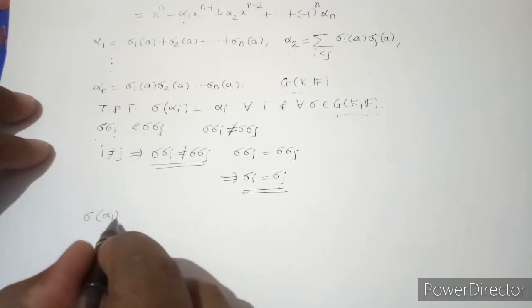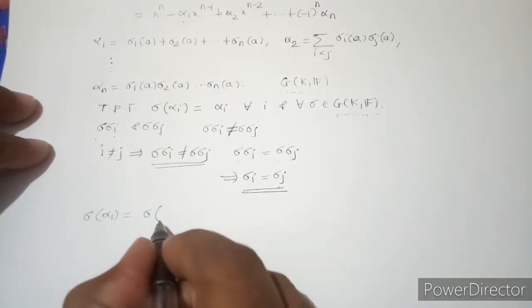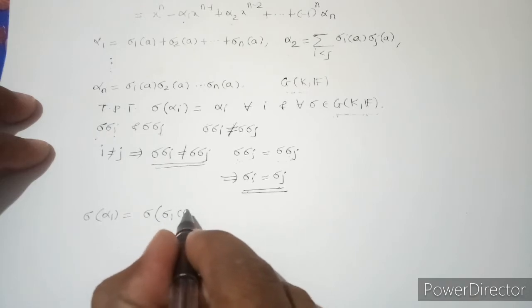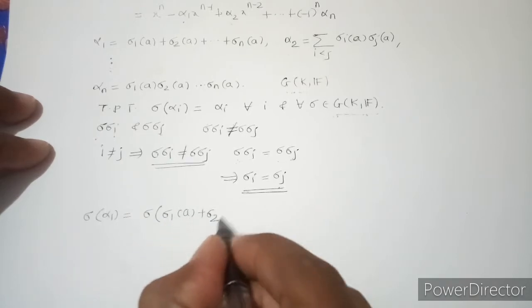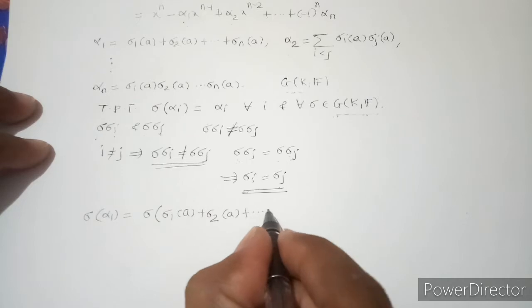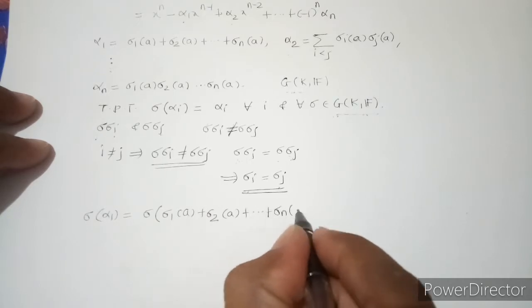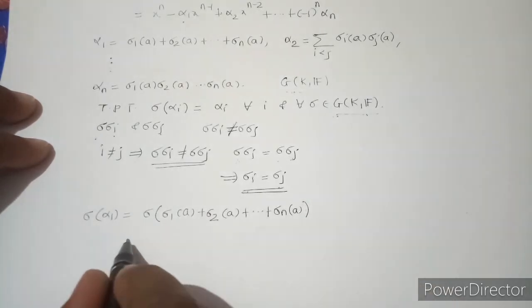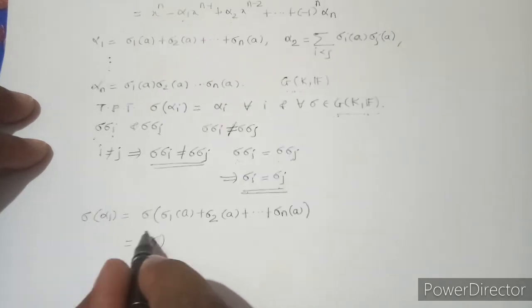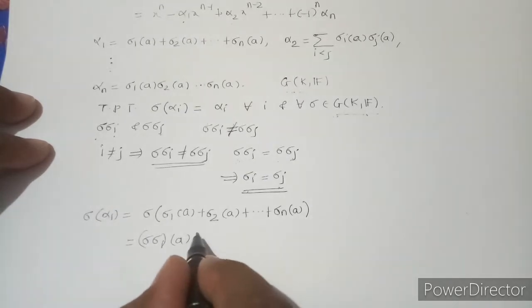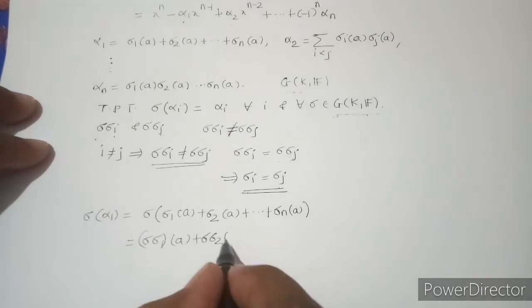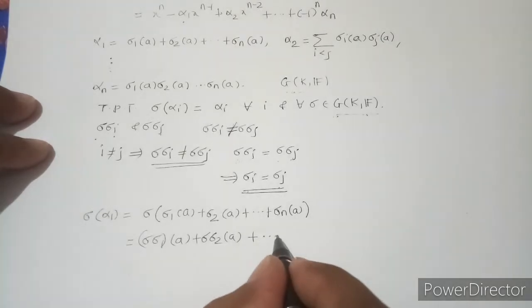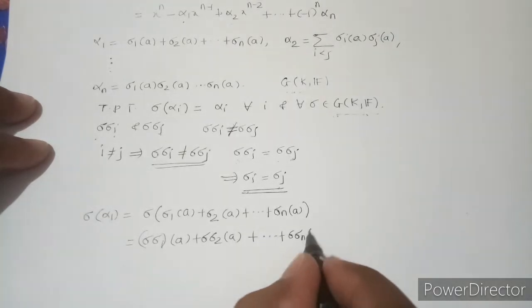So now consider sigma of alpha 1, that is equal to sigma of sigma 1 of a plus sigma 2 of a plus, and so on, sigma n of a, which is equal to sigma sigma 1 of a plus sigma sigma 2 of a plus, and so on, sigma sigma n of a.